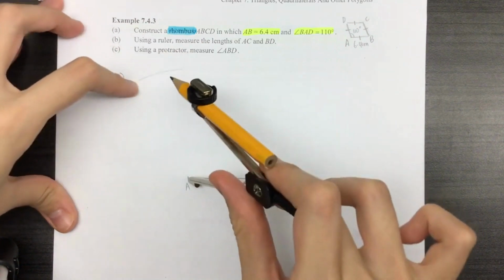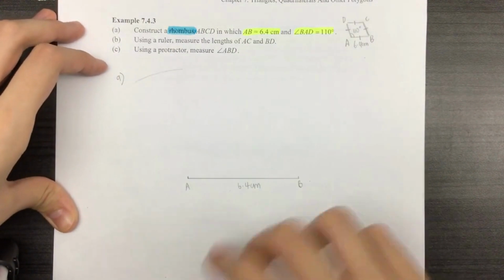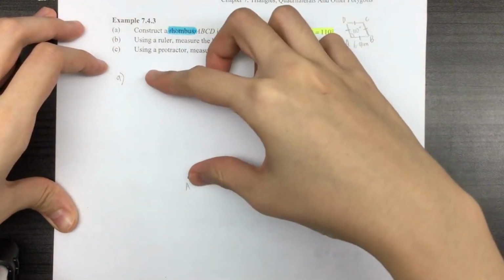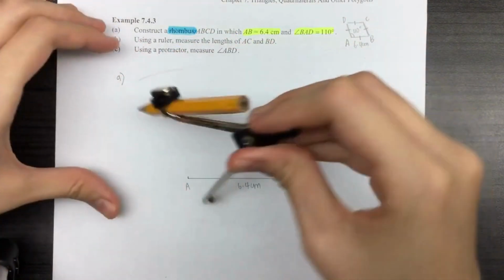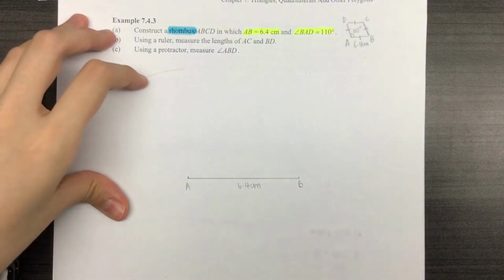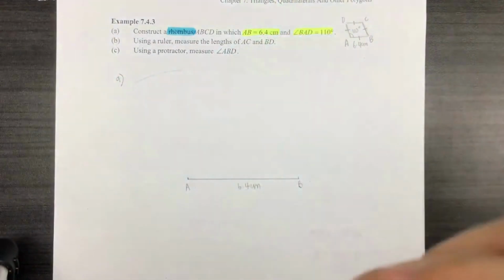Anywhere from point A to this arc is 6.4 cm, because it's the radius of the compasses. So I've measured 6.4 cm.